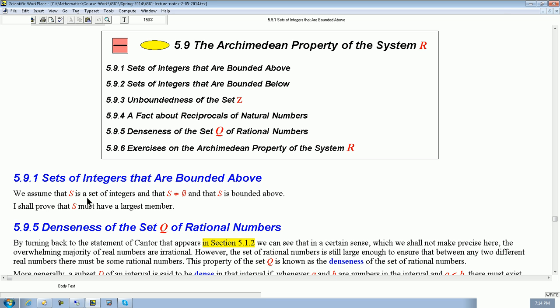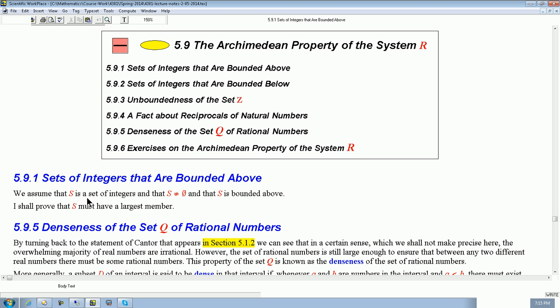Intuitively, wouldn't you feel that is reasonable? I'm going to prove to you that if you ever have any set of integers that is bounded above and non-empty, it's got to have a largest member. If I could prove this theorem, wouldn't it be obvious that the set of all integers cannot be bounded above?